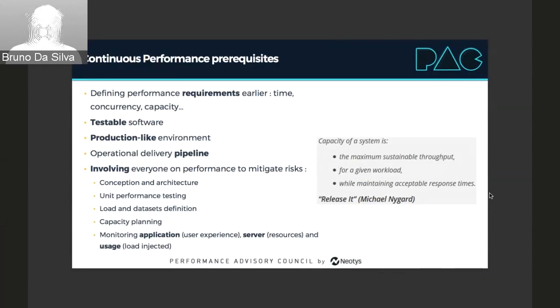Later on, the developers through quality coding and unit performance testing on the key components and functionalities. Performance engineers on load and dataset definition. If you have a bad load design or dataset definitions, you won't have reliable results to control. And finally, the operations team on the available resources for your project.